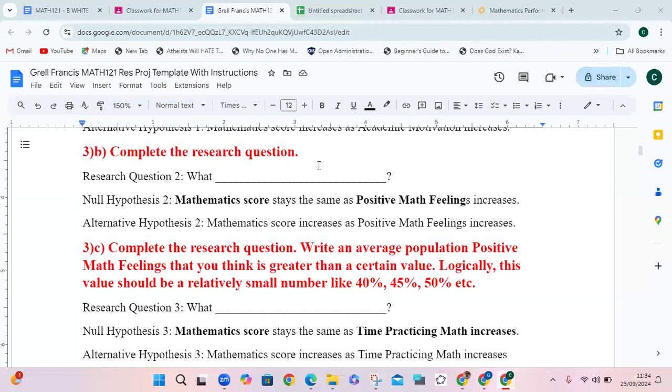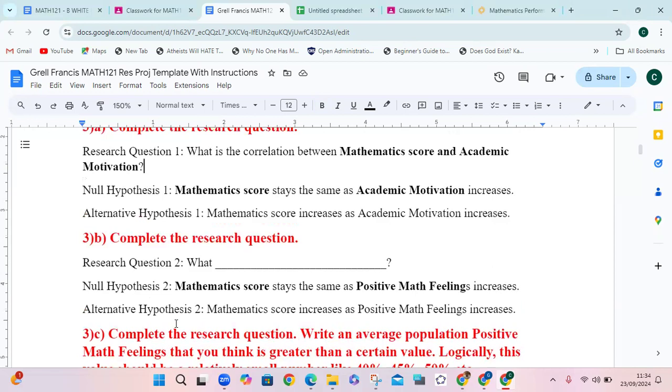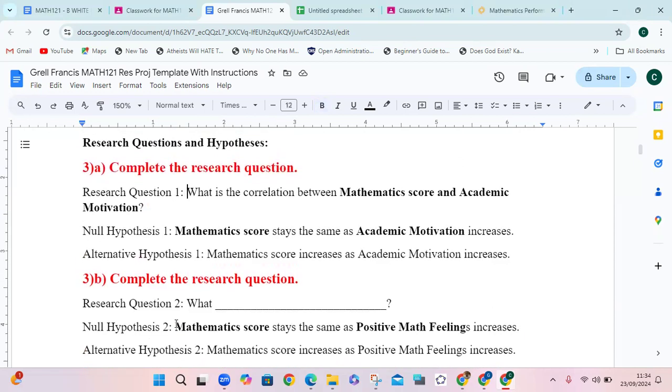Now, research question number 2 and number 3: 1, 2, and 3 are all correlation analysis. The only difference is the variables.